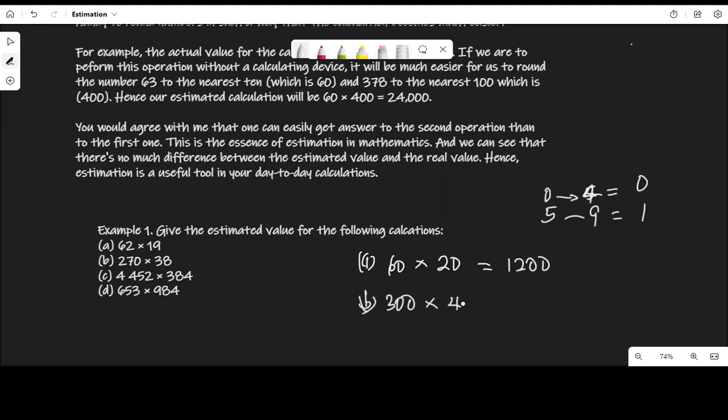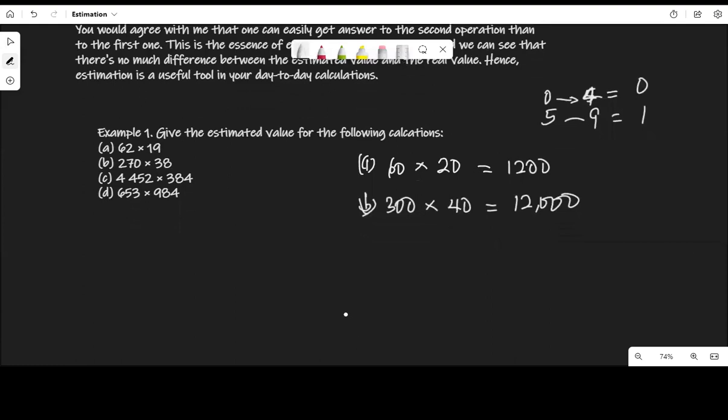So multiply by 40. 3 times 4 is 12, then put the zeros behind. How many zeros? 1, 2, 3. So this is 12,000, the estimated value.